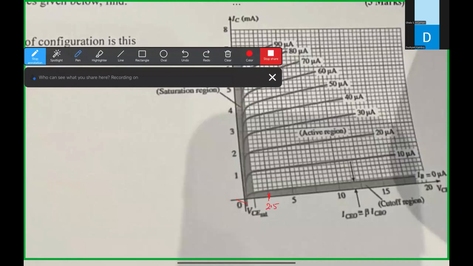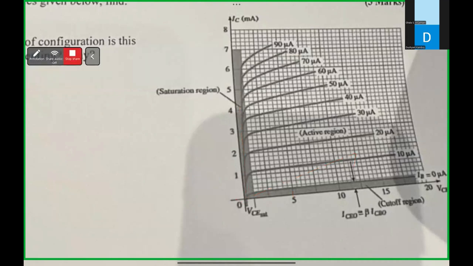There are 5 boxes inside each one, from here to here. So 2.5 divided by 5 means around 0.5 volt. Each box represents 0.5 volt, right? So 0.25 will lie here in between these two. So 0.25 will lie in the saturation region.